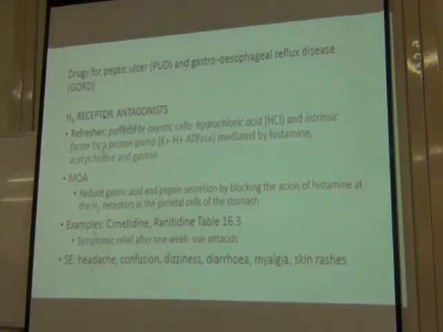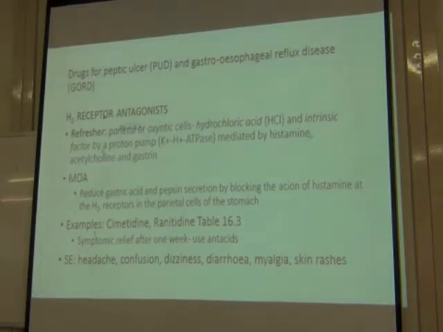So the mechanism of action is that it reduces gastric acid and pepsin secretion by blocking the action of histamine at the H2 receptors in the parietal cells of the stomach. Is that clear?